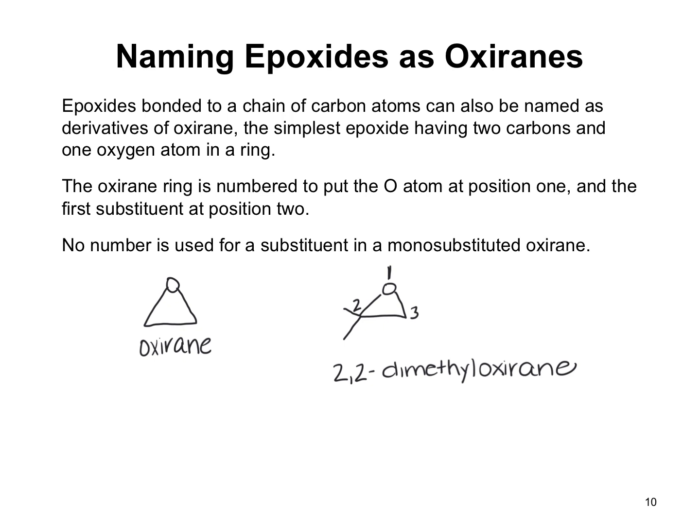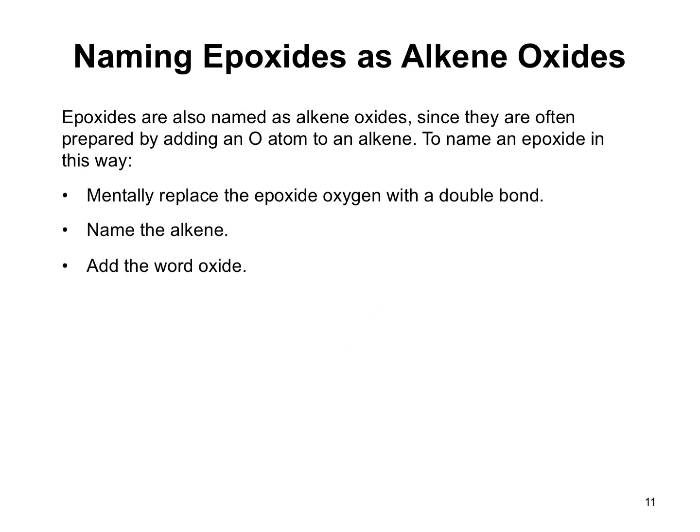Now, epoxides can also be named as alkene oxides because they are prepared from alkenes, right? So for example, this is ethene, right? Which is also known as ethylene. And it goes through a preparation process where we end up with an epoxide, right?